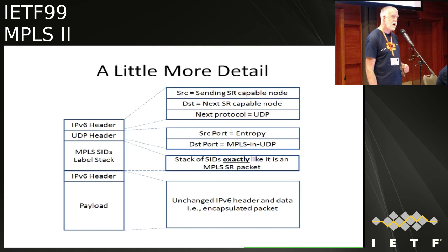And then on top of that, you put the IP header to get you across the network. You set the source to the sending SR capable node, in other words, the person doing this encapsulation. You set the destination to the next SR capable node that is going to process the SID stack. And you set the next protocol to UDP, of course.